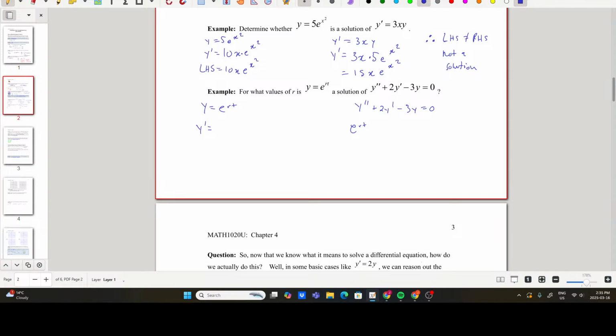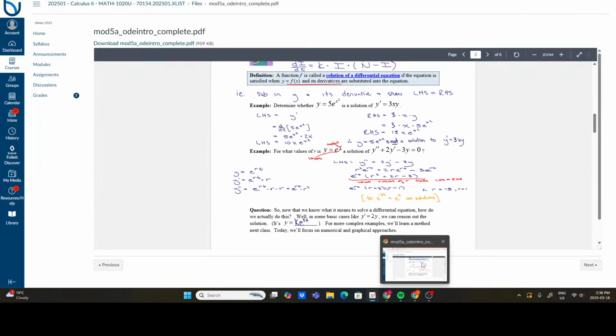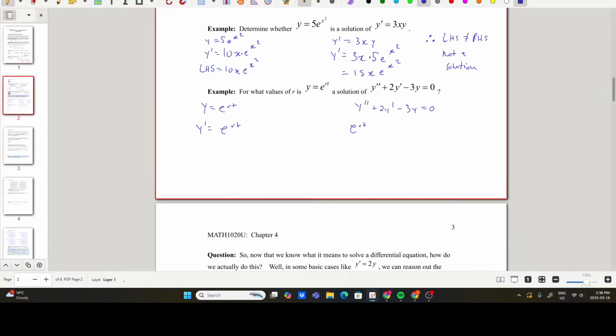If we use the chain rule, the derivative is rt, and r is a constant, so it would just be e to the rt times r. For the second derivative, do we use the product rule?